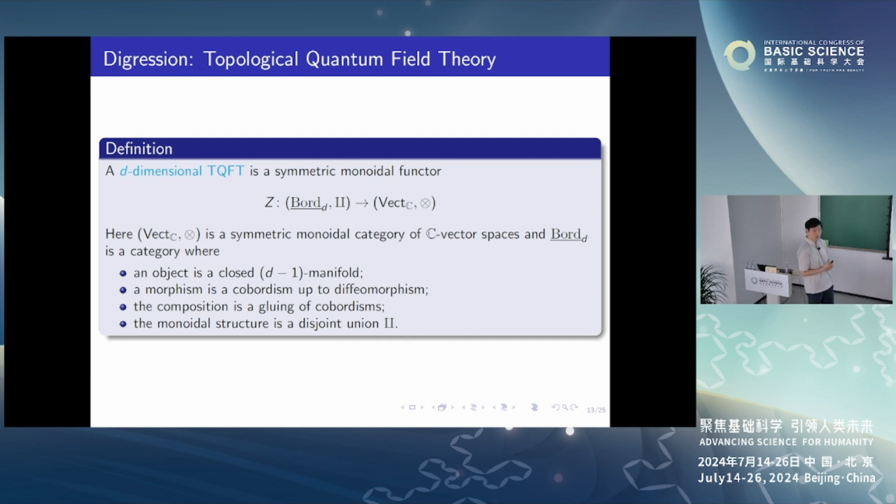This is what is called the functorial TQFT. So a TQFT is a functor. I am assuming that people have seen it, so I'm just leaving it out here for notation. A symmetric monoidal functor from the bordism category to the vector space category.